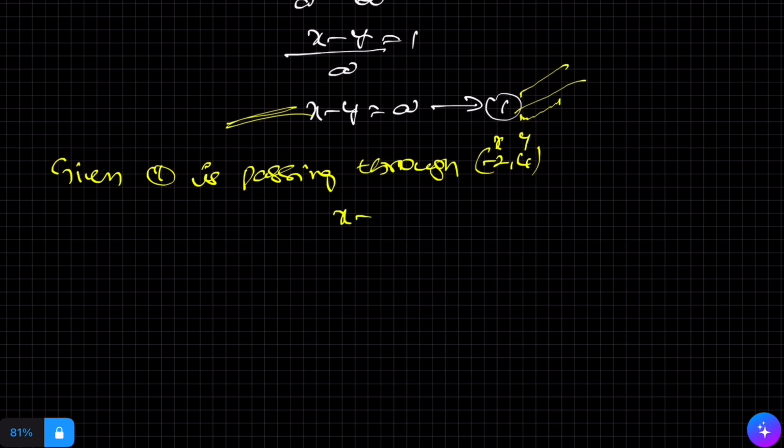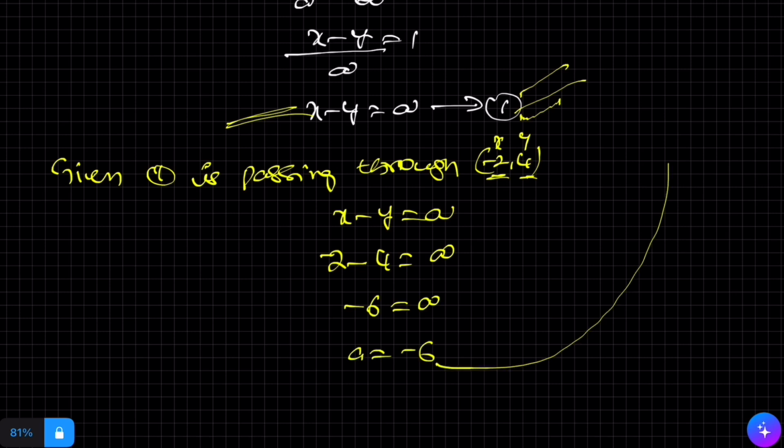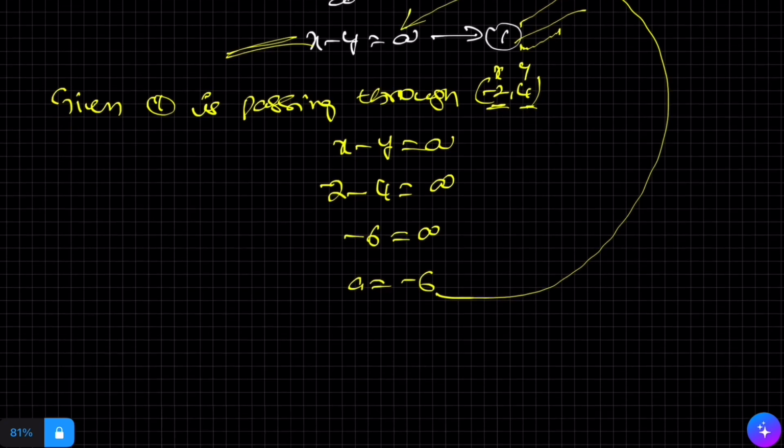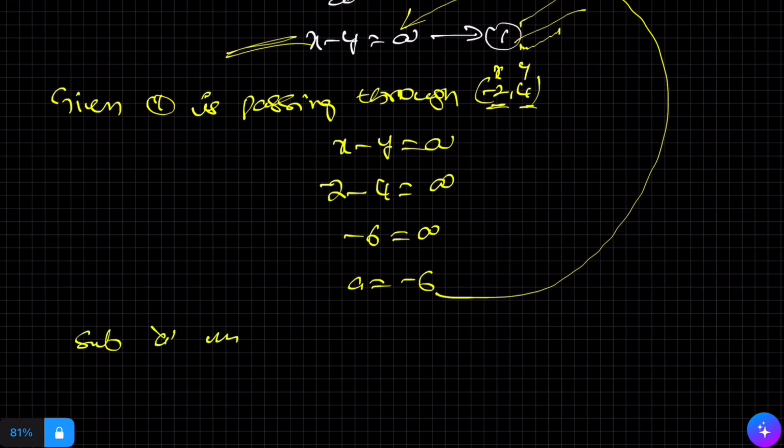My first equation is x minus y equal to a. The value of x is minus 2, minus the value of y, which is 4, equal to a. So minus 6 equals a. Let me substitute this in equation 1 to get the equation of the straight line.